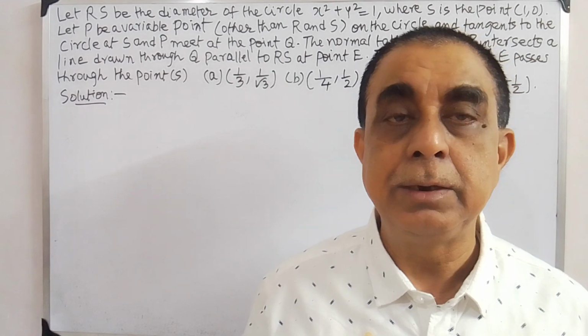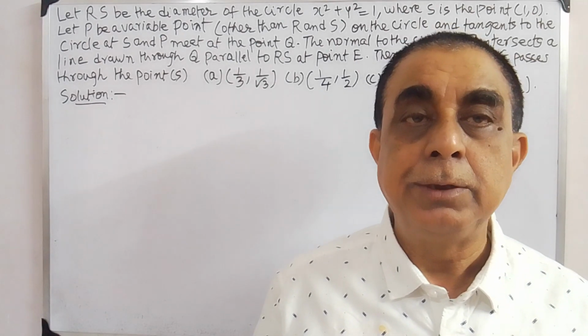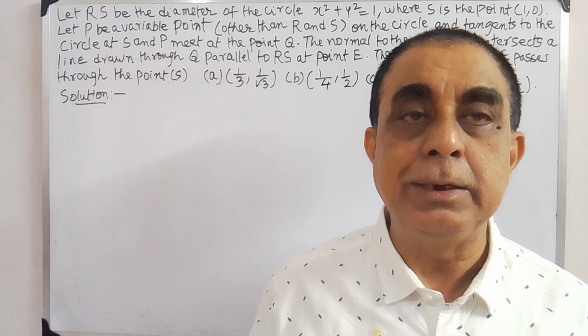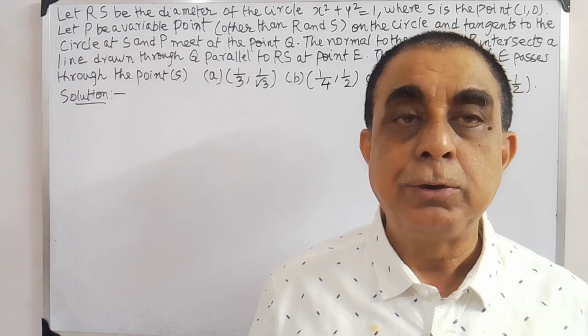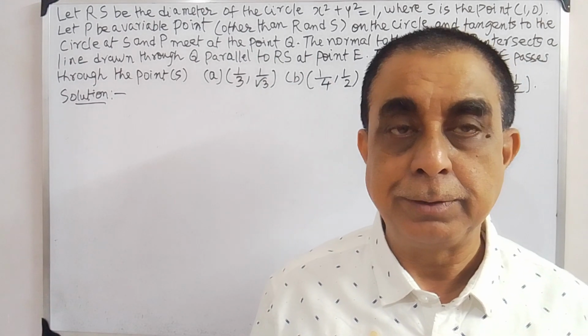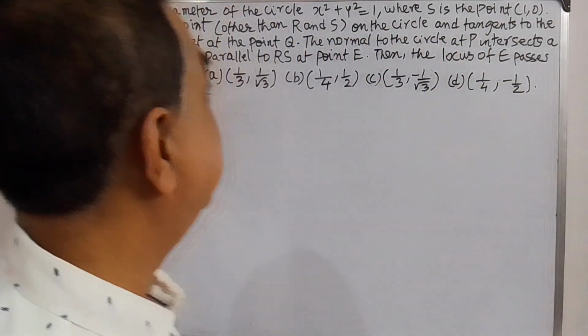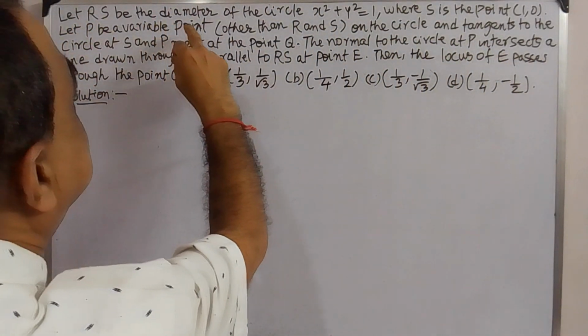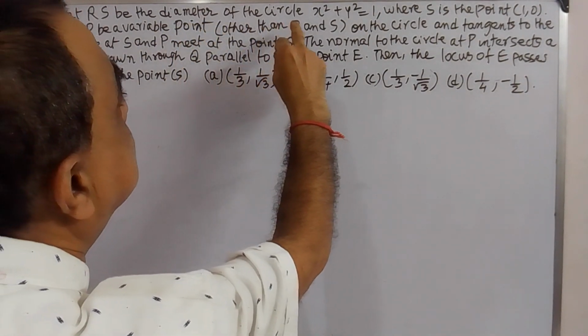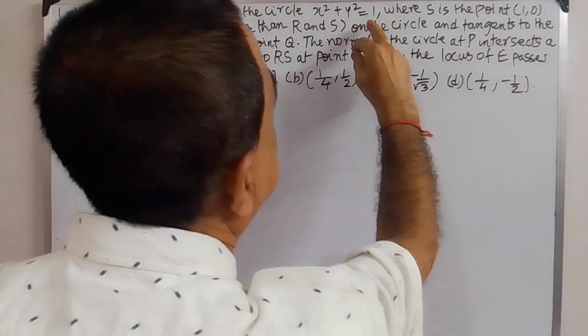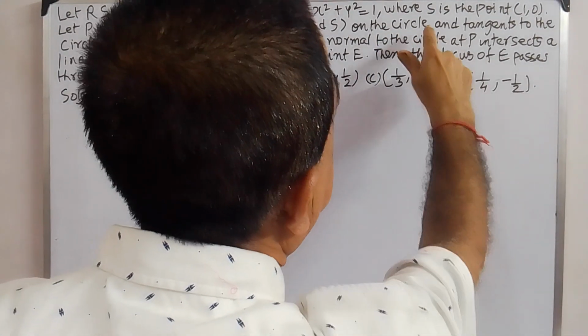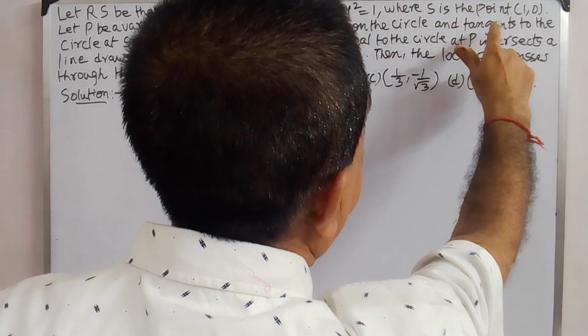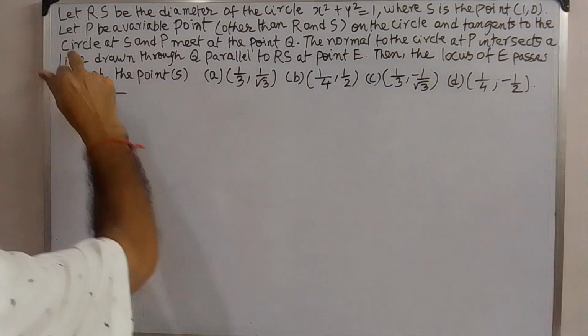Today we are doing a sum from JEE Advanced 2016. The sum reads like this. Let RS be the diameter of the circle x squared plus y squared equals 1, where S is the point (1, 0).